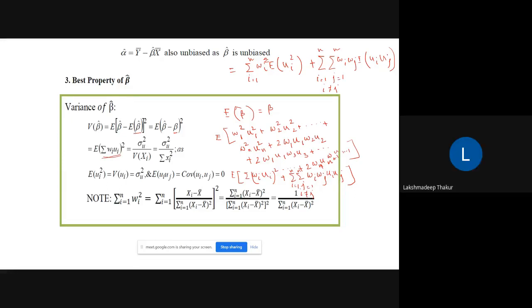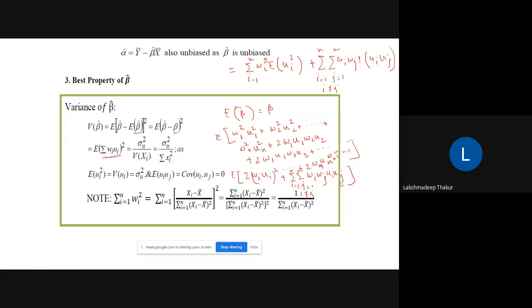Ma'am, when we expand the expectation of summation wi ui whole square, what will it look like? Could you read the last line you wrote, the covariance term and the double summation? Yes, I wrote double summation i is equal to 1 to n, j is equal to 1 to n, i not equal to j, wi wj ui uj. Actually this is wi ui into wj uj, which I can write as wi wj ui uj.